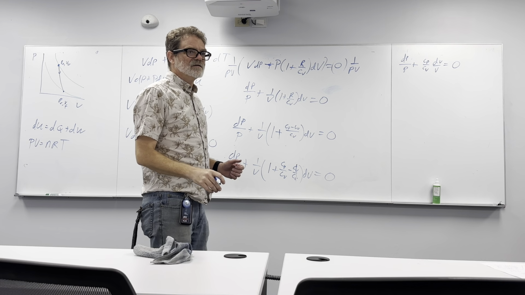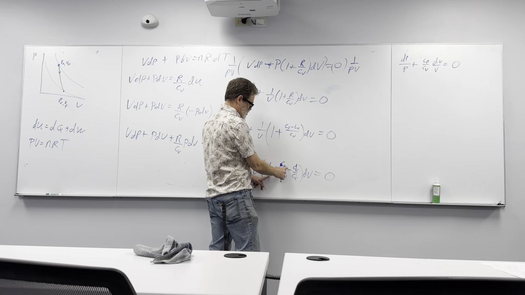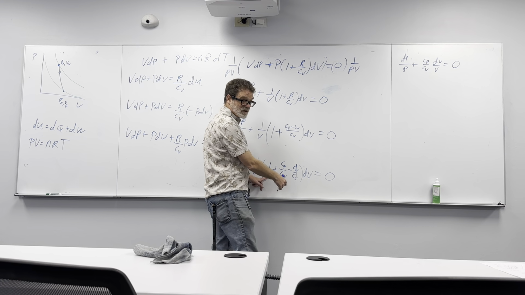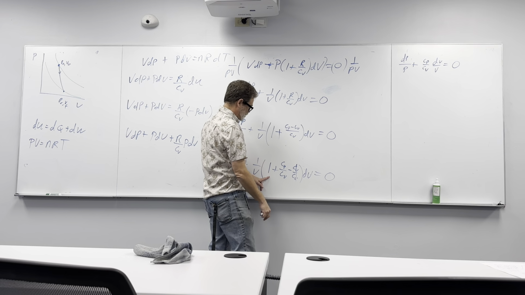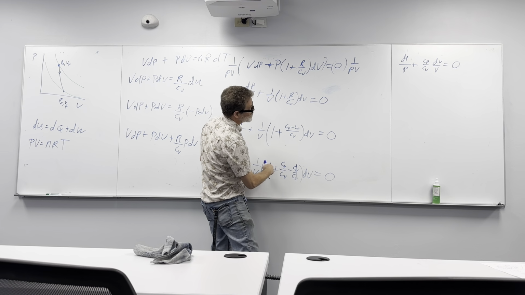Right? You with me, Mary? Because these went away. That's CP over CV. That's CV over CV, which is 1. And I just brought the V over here, because it's just multiplied.